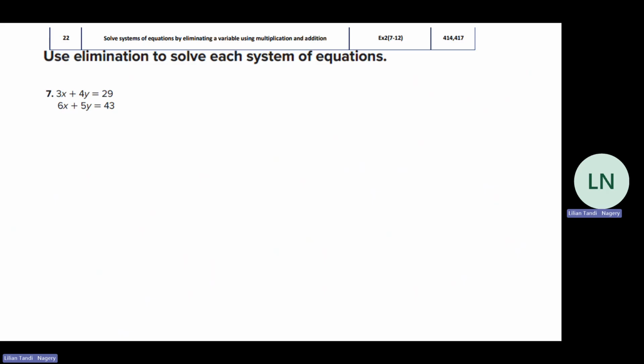Now, the question is asking us to do elimination. Now, remember, elimination is to make the numbers the same, but if I have the same number, same letter, and here I don't have, so I will use parentheses. So I'll do parentheses here, and I'll do parentheses here.